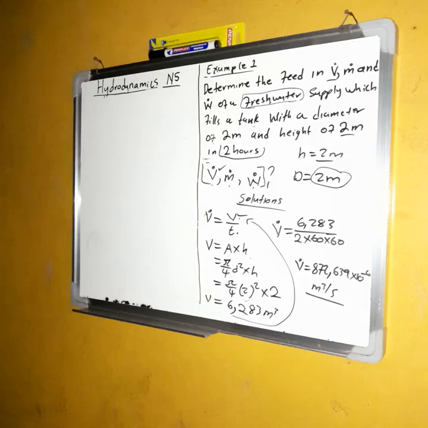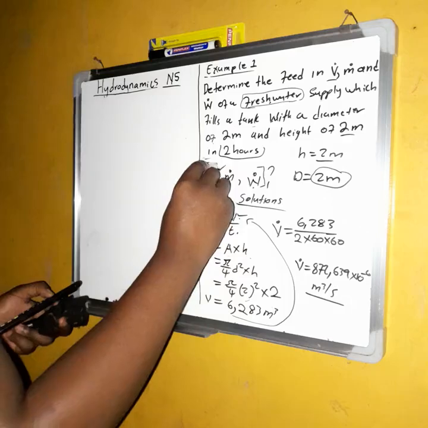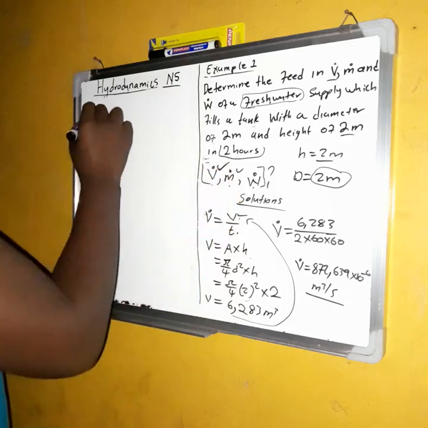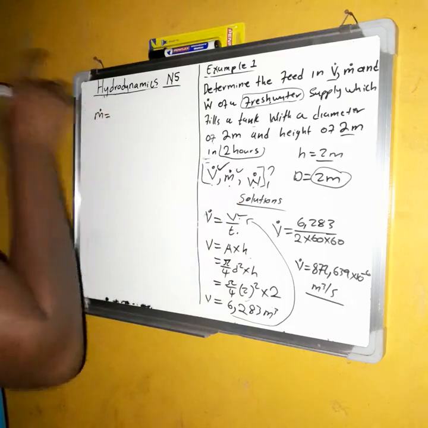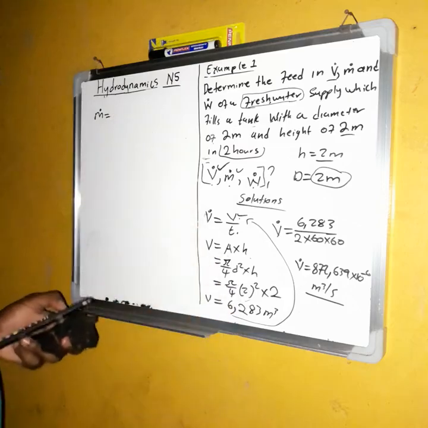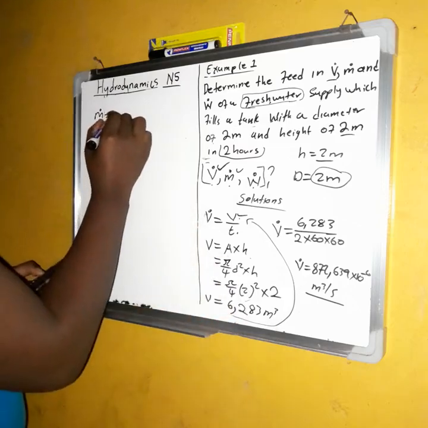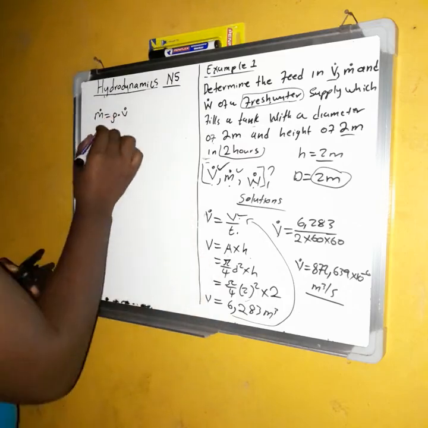So we have this. Now let's find the flow in mass. We know that the mass flow will be what? The mass flow will be the density multiplied by the volume flow, right?